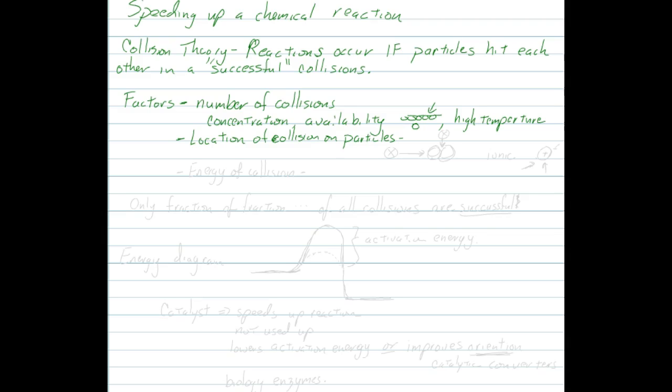So if you hit the sweet spot of the particle, chances are that it will react. Suppose you have a particle that looks like this, and it has to be hit with a particle X. Well, if it hits on the side, nothing happens. The sweet spot would be only those collisions that hit in between the two, splitting them apart and allowing it to go. If you hit this way, it just moves the particle around. If you hit it this way, you split the particle up, forming a rearrangement of the particles, and a chemical reaction occurs.